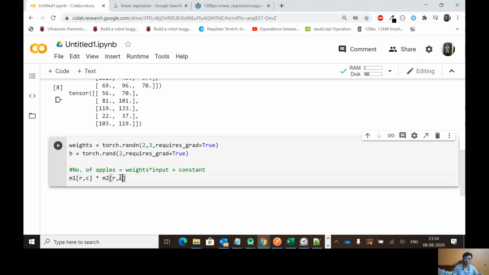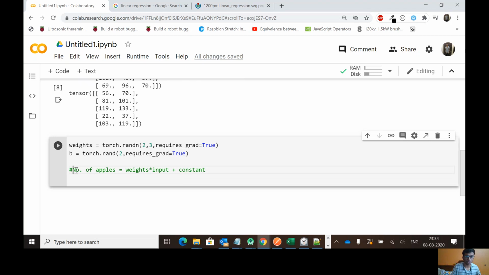Then only can we form the matrix in such a way that M3 will be R comma R. Just like, I'll take an example: if we have 3 and 2, then the other should be 2 and 3, so that we can get 3 by 3. I'll explain in much more detail. Just give me a few minutes.